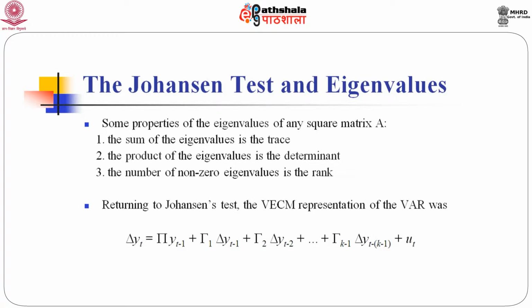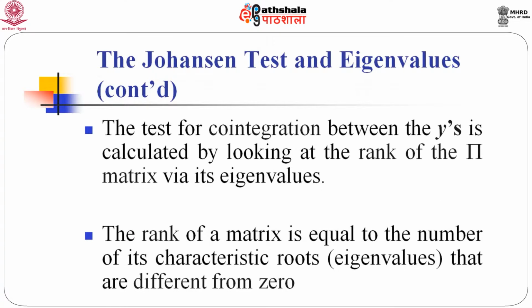Returning to the Johansen test, the vector error correction mechanism is represented from the VAR like this, where changes in yt are expressed as a function of the past delta yt's as well as the coefficient matrix pi times yt minus 1. Analyzing the pi matrix is crucial for the Johansen test.